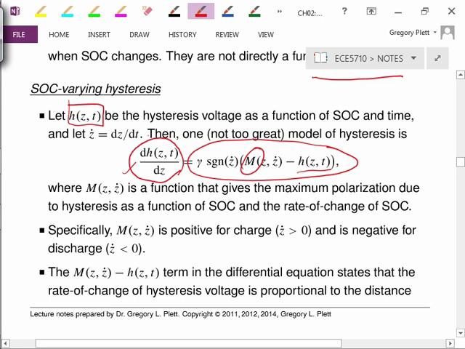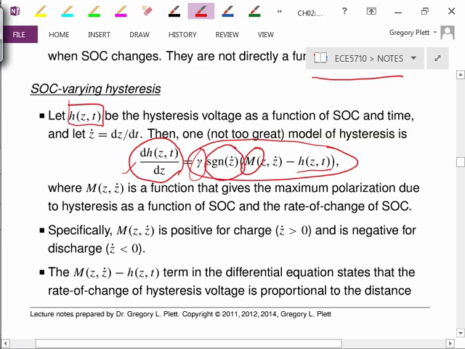The farther I am away from this target M, the faster I will move toward that target. And the closer I am to that target M, the slower I will move toward that target. Gamma here is a constant that is a rate constant, which tunes how quickly or how slowly the overall process works, not with respect to time, but with respect to rate of change of z.